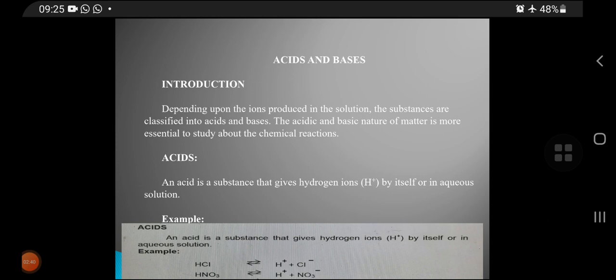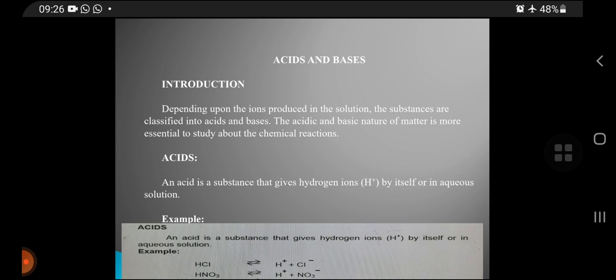Another definition of acid: an acid is a substance that gives hydrogen ions, H plus, by itself or in aqueous solution. Example, HCl produces H plus and Cl minus. Nitric acid also produces H plus, a positive ion, plus NO3 minus.